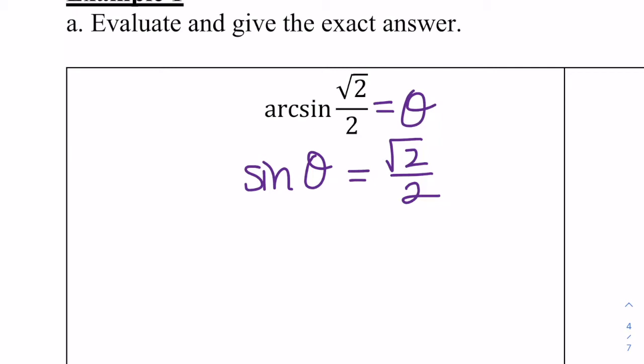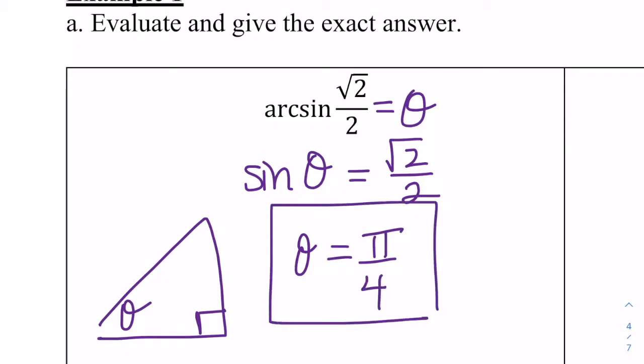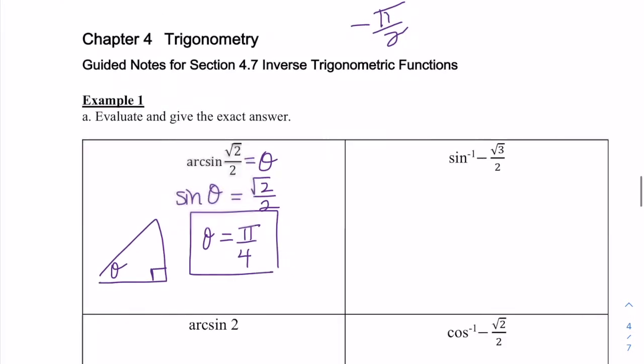When we have an angle with a ratio of root 2 over 2, that's going to be a 45, 45, 90, and you can remember that from your unit circle. So that angle will equal pi over 4. And remember, we're only going to have one answer because it has to be the inverse function.